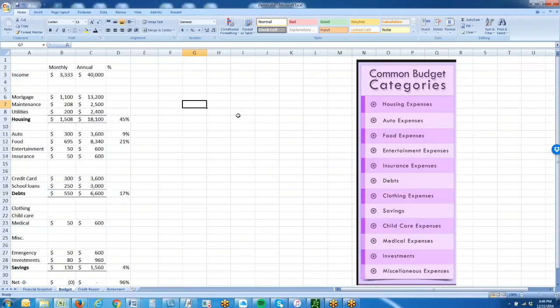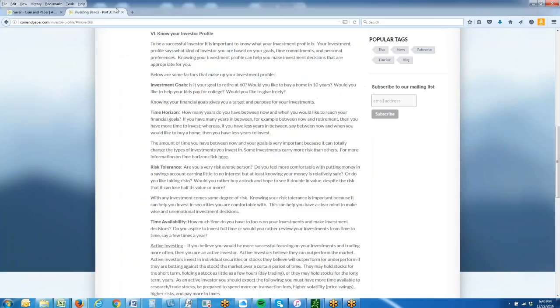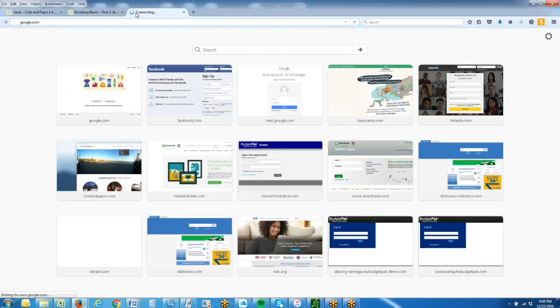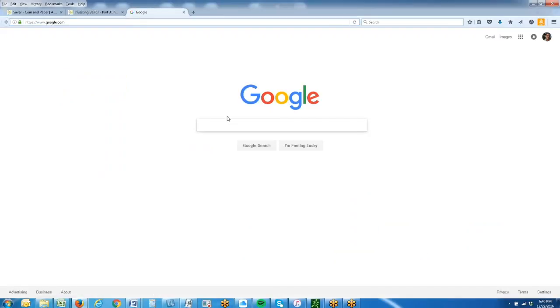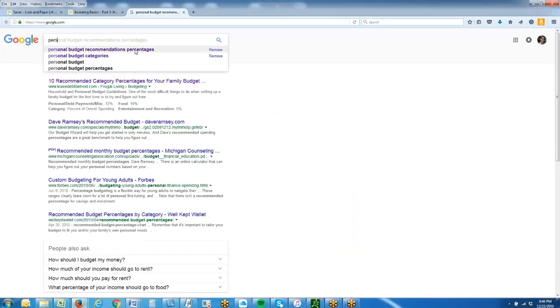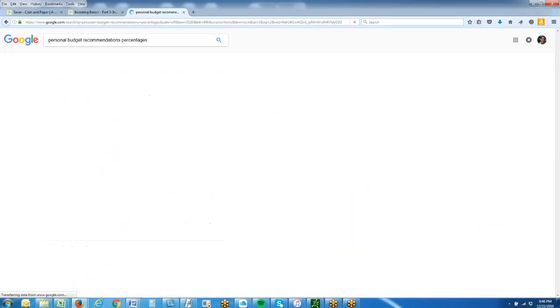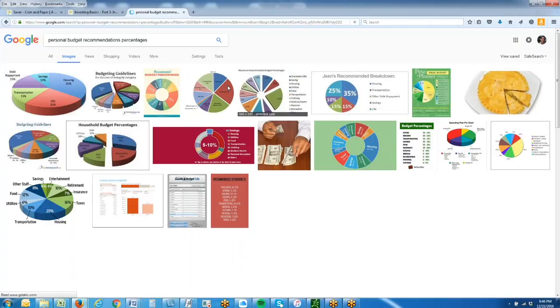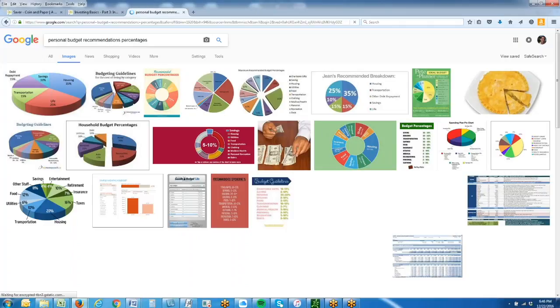But let's go online and Google personal budget recommended percentages. I looked this up earlier, so we're going to click on that. And see, there are so many different ones. We can do images to get screenshots and look at all the breakdowns here.